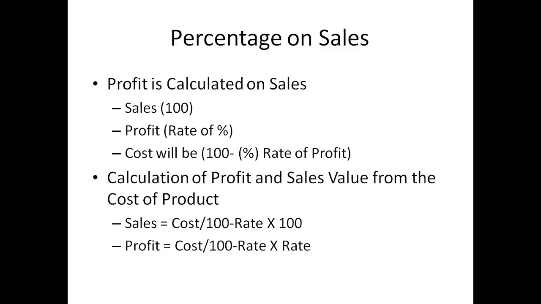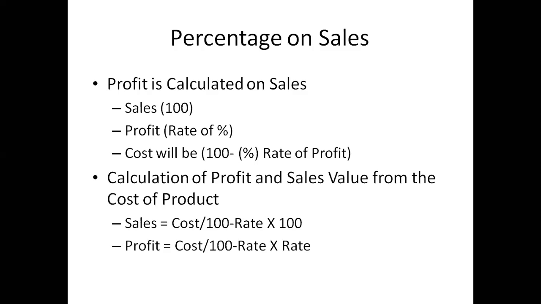Normally it is not given that way; they will give it in the form of profit calculated on sales. How is it calculated? We can assume that if profit is calculated on sales, sales will be 100%. Then the rate of percentage of the profit will be given. Then cost we can assume is 100 minus the rate of profit.